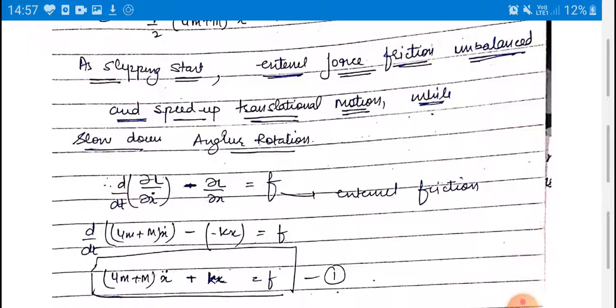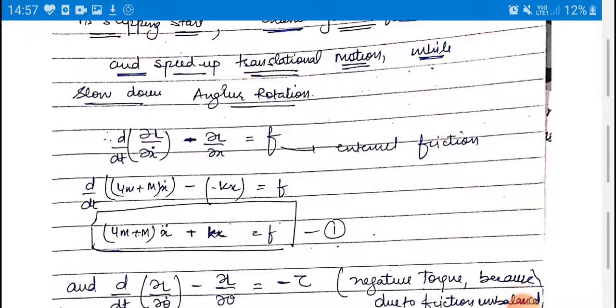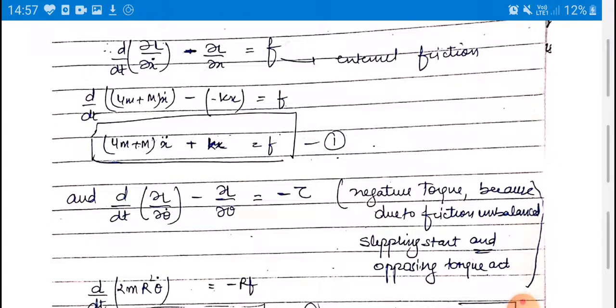So you can see d by dt of partial L by partial x dot minus partial L by partial x equals f, which is the external friction. I have not put minus f because this friction increases the linear speed. By doing so I have got equation 1. Similarly for the second generalized coordinate theta, I have solved the Lagrangian equation and equated it to negative tau, because linear motion gets a force and angular motion gets a torque.